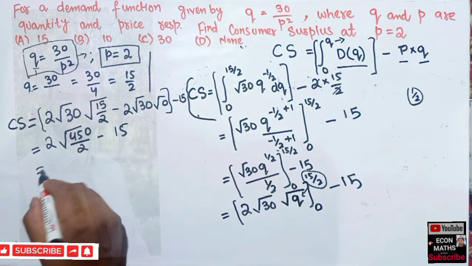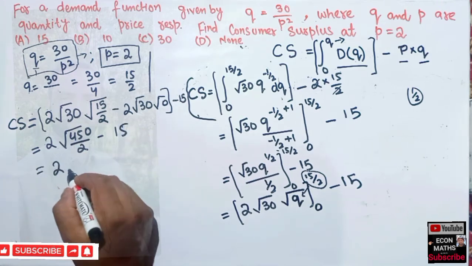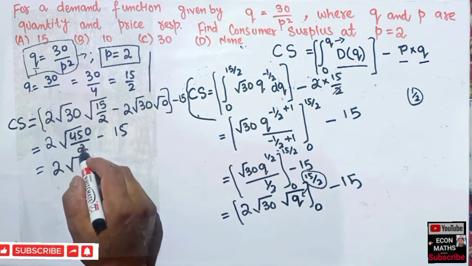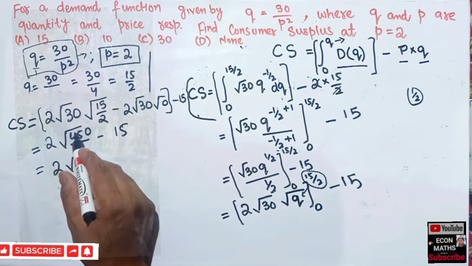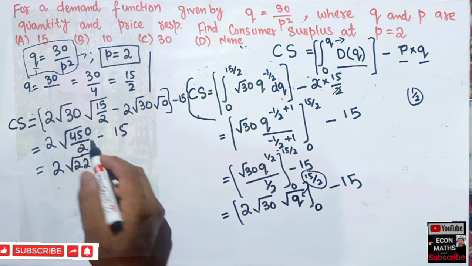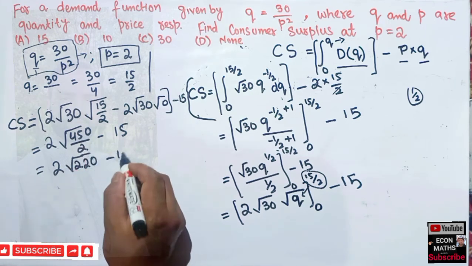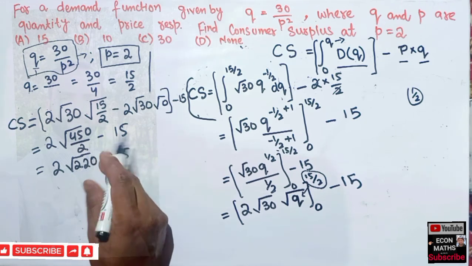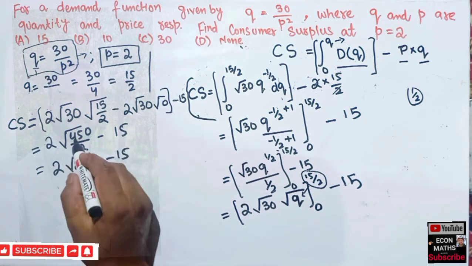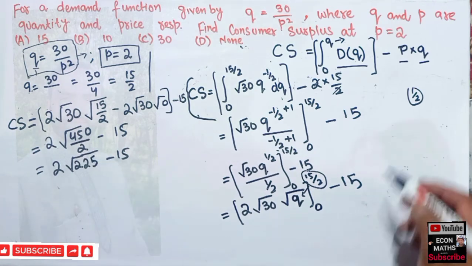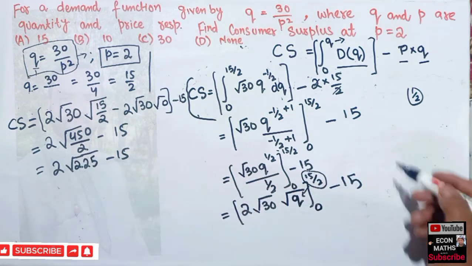Okay, so we have 2 into, now 450 divided by 2, this is equal to 2 2s are 4, now we have 2 2s are 4 and 2 zeros are 0. Okay, minus 15. Now sorry, here it is 2 5s are 10. Okay, minus 15. Now what is the root of under root 225?